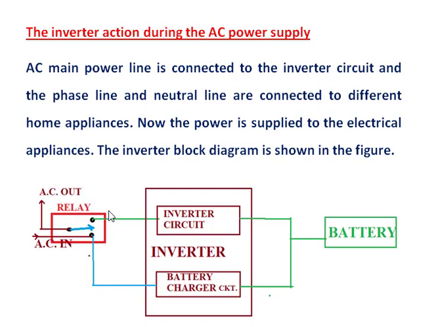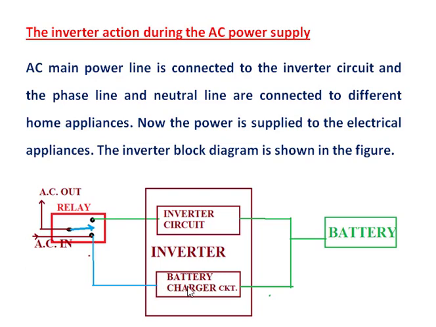So this inverter circuit consists of the relay which controls the AC in and out lines, this inverter circuit which is used to convert AC to DC voltage or DC to AC voltage, and this battery charger circuit, which is fed with 220 volt AC.